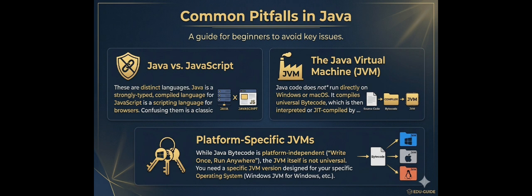Java source code compiles into bytecode, which the operating system cannot read directly, so it requires an intermediate runtime layer to execute. Next, platform-independent code versus platform-specific JVMs. Most beginners think a single universal Java Virtual Machine software package works on all operating systems. That's not true. You must install a Windows-specific JVM for Windows to run the bytecode.